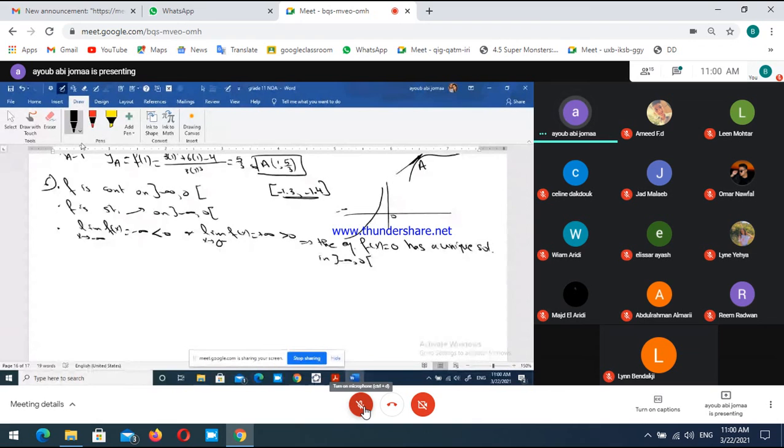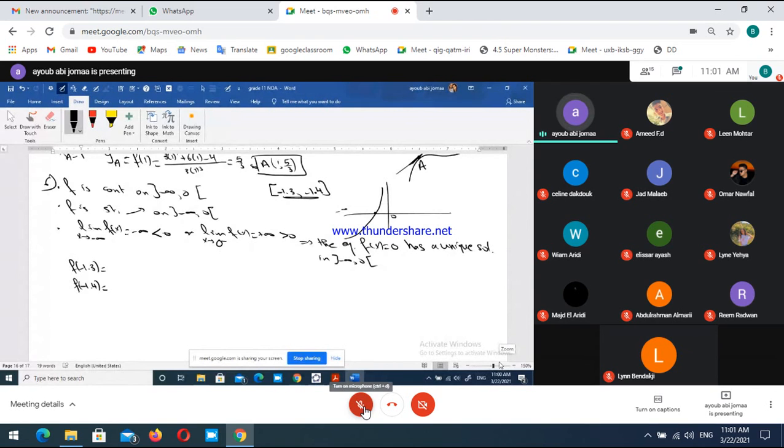Now, how to determine that it is in the interval negative 1.5, negative 1.4? Find f of negative 1.5 and f of negative 1.4. One of them must be negative and the other positive.